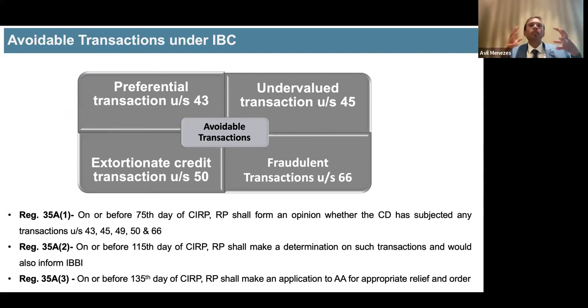Once you are in that zone of insolvency, the zone of default, the zone of financial stress, that is where many of the promoters or the KMPs try to wean away assets, so that in an insolvency scenario, or in a scenario where creditors enforce their recovery actions through SARFAESI or through various judicial forums, these assets are kept out of their purview. So IBC, once it came in 2016, a lot of groundbreaking work has been done by insolvency professionals who have painstakingly analyzed transaction after transaction and have filed these applications.